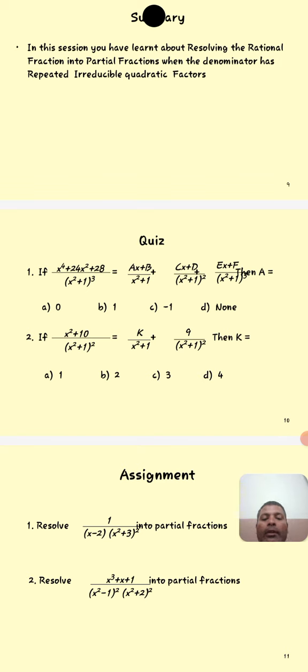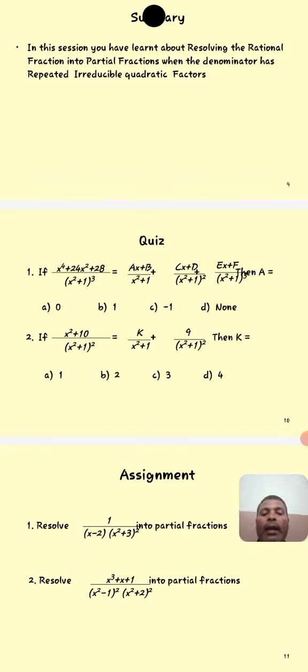Now here you observe the denominator: (x square minus 1) whole square and (x square plus 2) whole square. Here two repeated quadratic factors are there. Then how to write in partial fraction format?